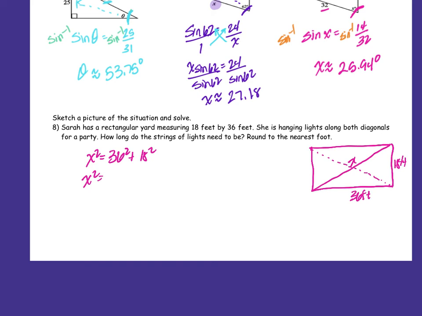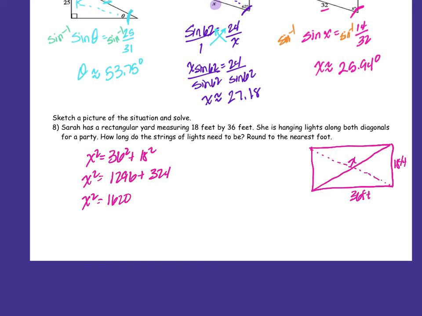X squared is going to be equal to 36 times 36. Just want to make sure it's right. 1296 plus 324. So x squared is going to be equal to 1620.